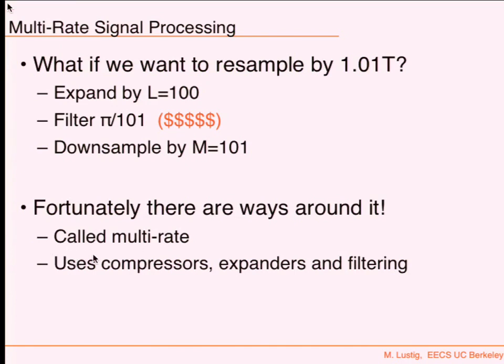So what we're going to do is we're going to use these compressors, expanders, and filtering, and we're going to interchange those. By interchanging things, for example, if I have a filtering and then downsampling, then think about it. I do the filtering on the high rate, and then I throw away a lot of the data.